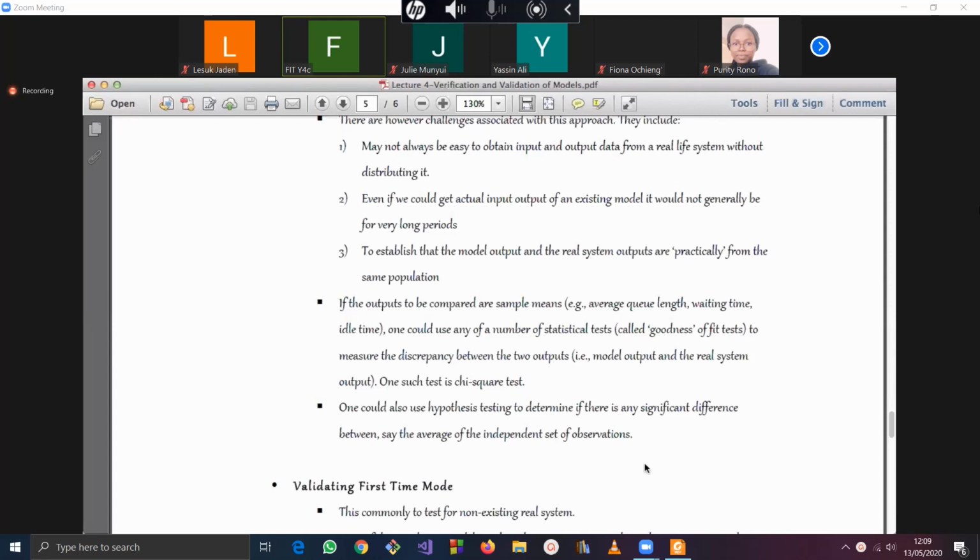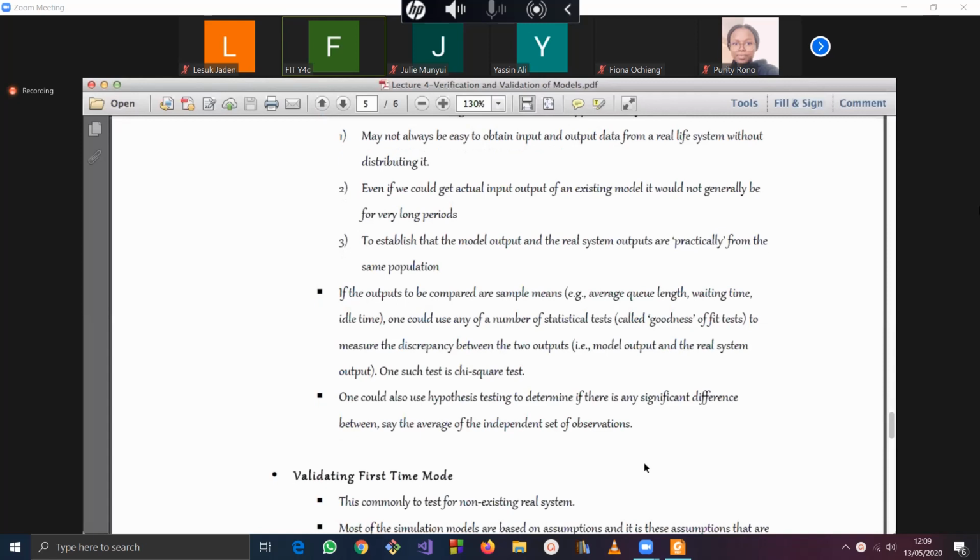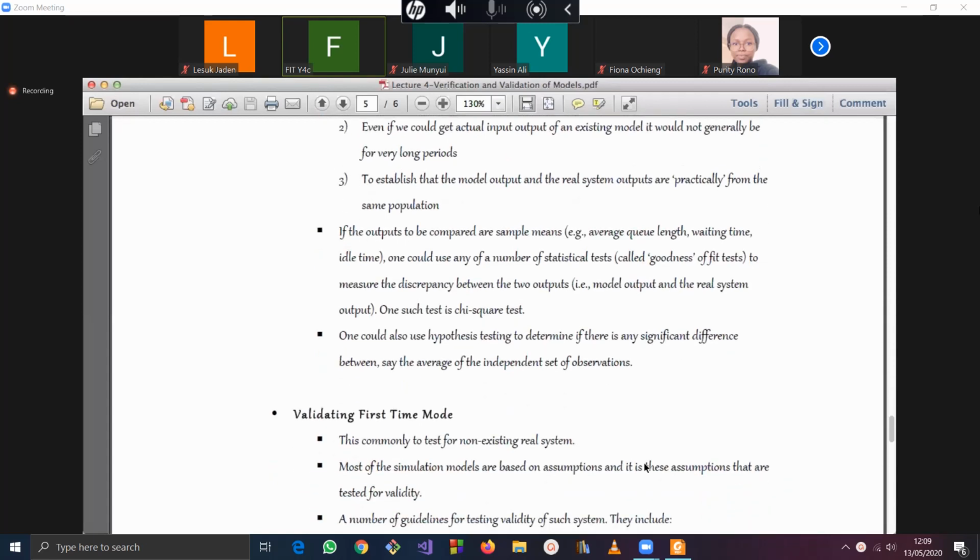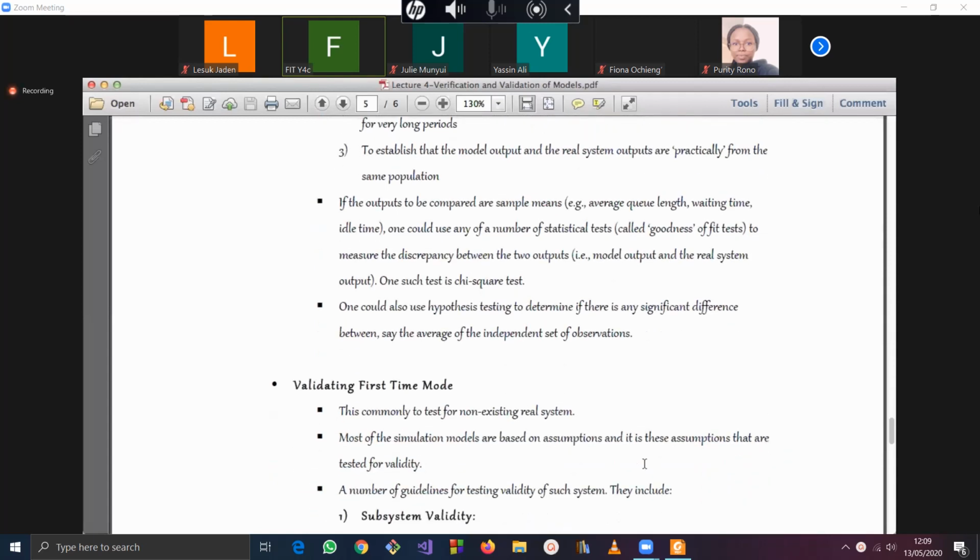The next aspect is this: the first part is when you are dealing with what you call validating an existing system. This is really comparing the model with the real system in a real environment. There's also what we call validating a first time model. This usually is used in what we call calibration.